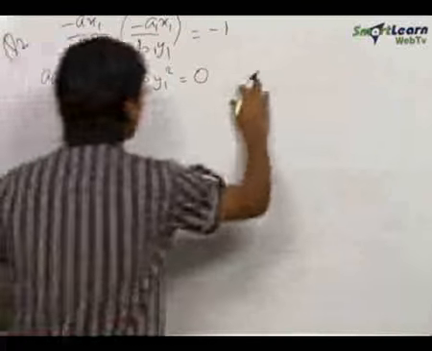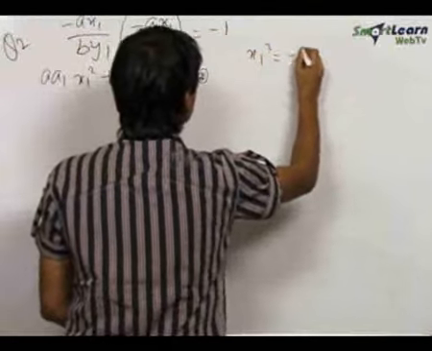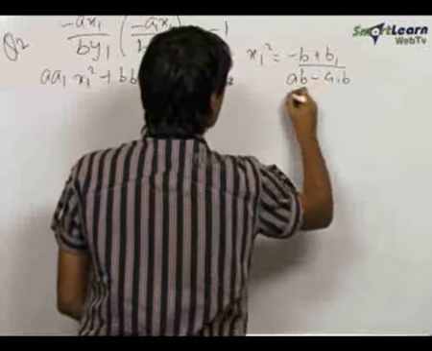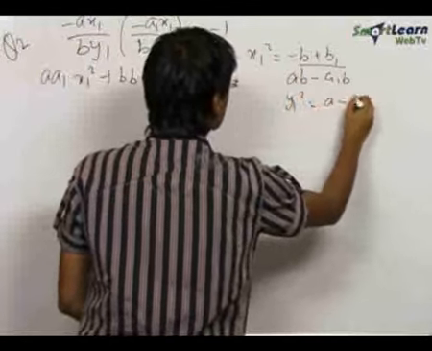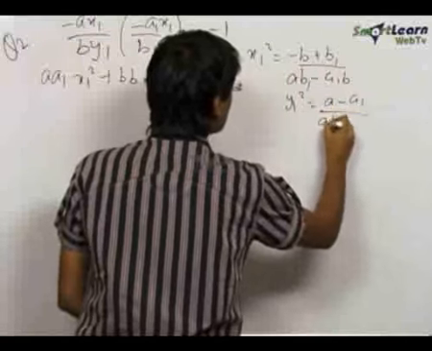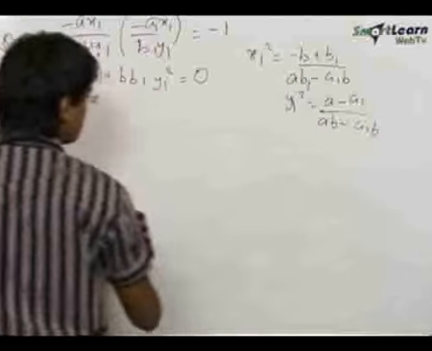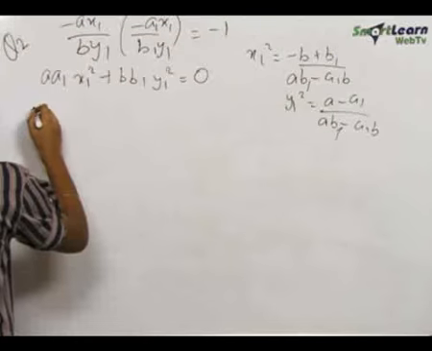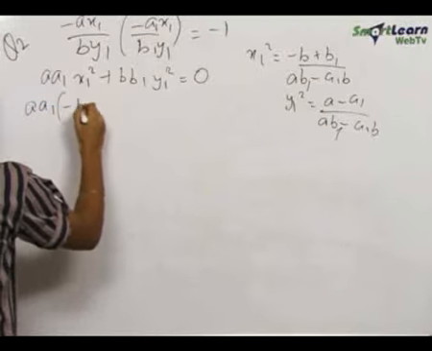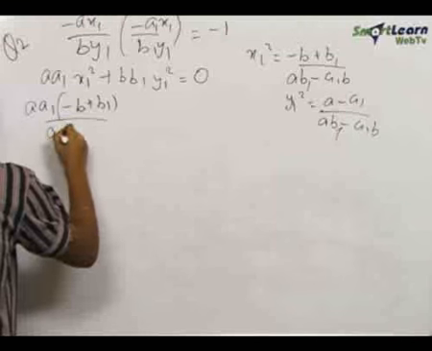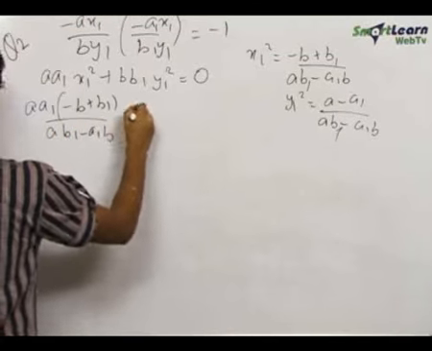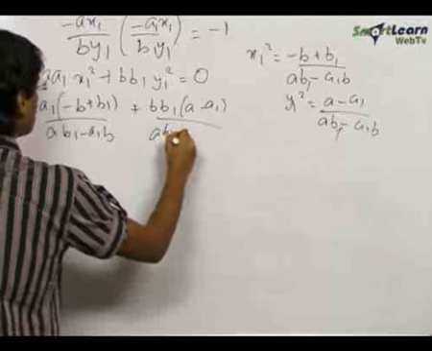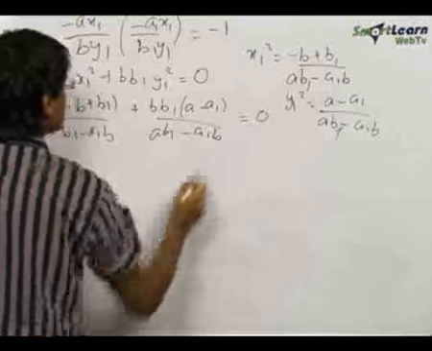Now we had earlier obtained the values of x1² to be equal to (b1 − b) upon (ab1 − a1b), and y1² to be equal to (a − a1) upon (ab1 − a1b). Putting the values of x1² and y1² over here, we get a1 into (b1 − b) upon (ab1 − a1b) plus b1 into (a − a1) upon (ab1 − a1b) equals 0.